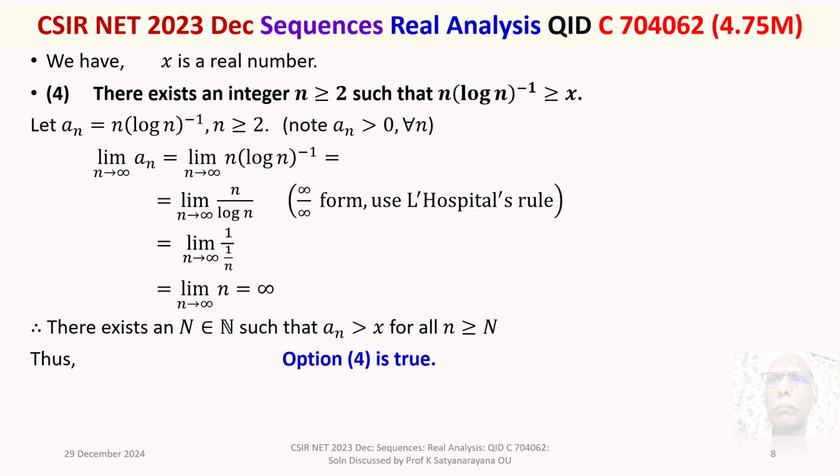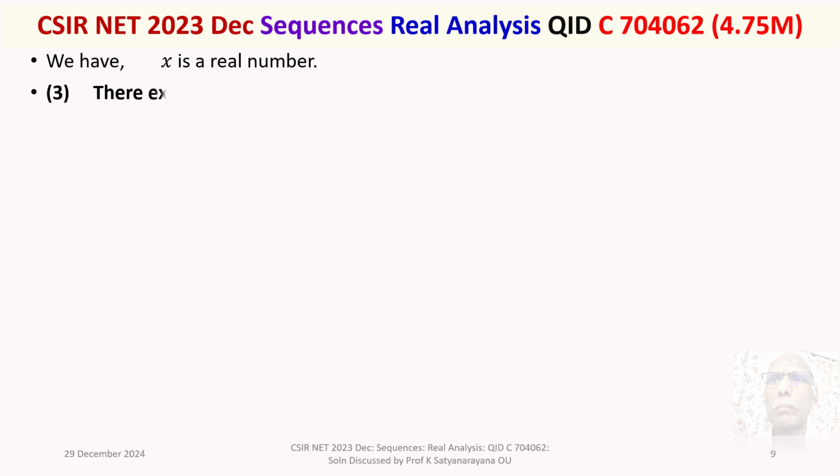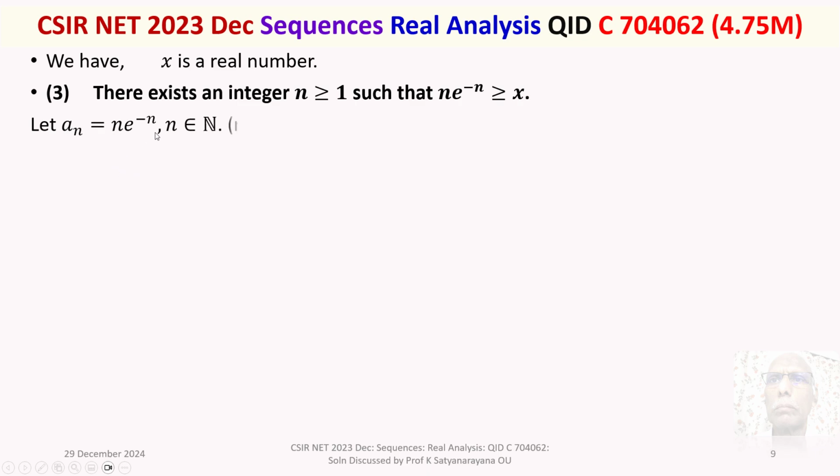Let's look at option 3. There exists an integer n greater than or equal to 1 such that n e to the power minus n is greater than or equal to x. Consider the sequence a_n, where a_n is n e to the power minus n, n belongs to the set of natural numbers and each a_n is positive.